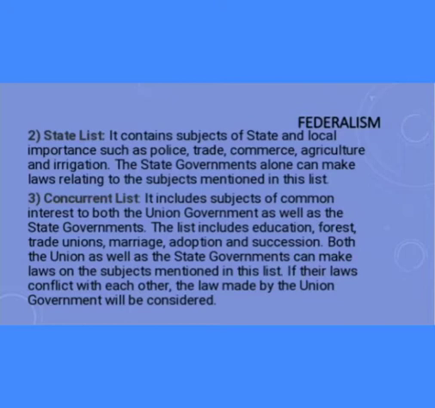If their laws conflict with each other, the laws made by the union government will prevail. The leftover subjects like computer software that came up after the constitution was made are known as residuary subjects. The union government has the power to legislate on these residuary subjects.